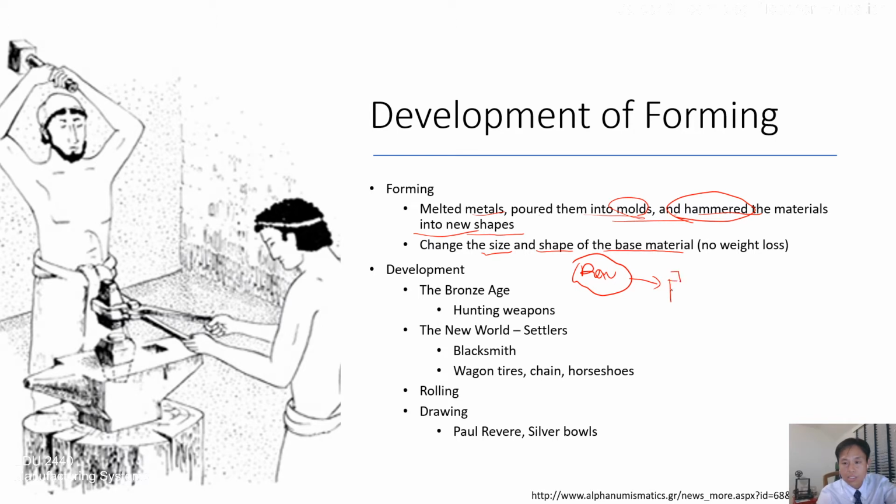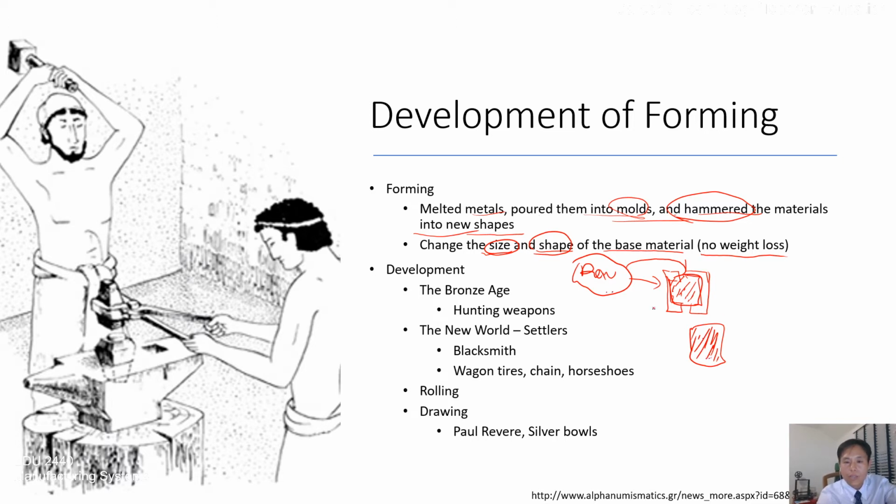This is the cast mold, and we pour the raw material into the mold and then we get this product. But the principle of forming is that the size and shape can change, but there is no weight loss. The raw material and the final product should be the same.